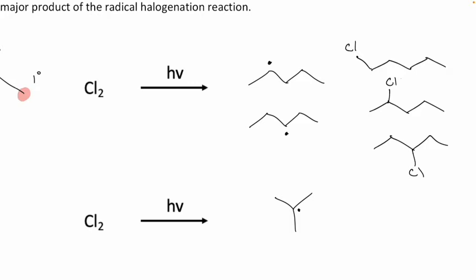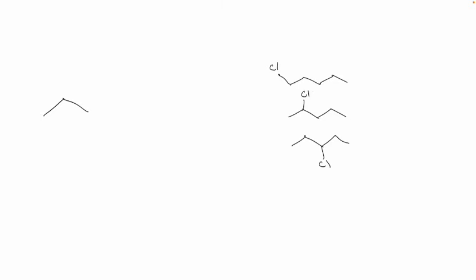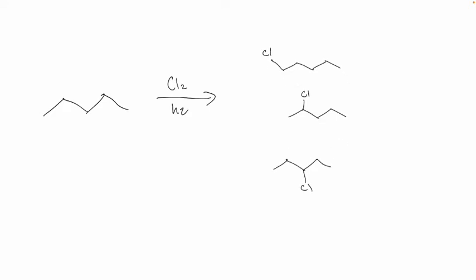I'm going to move this over so I have a little bit more room. So we said that we had pentane, radical halogenation, and these 3 potential products, and our goal is now to figure out which one is the actual major product.